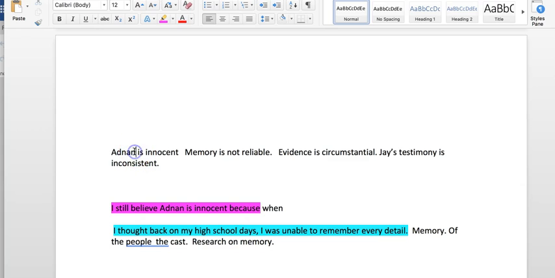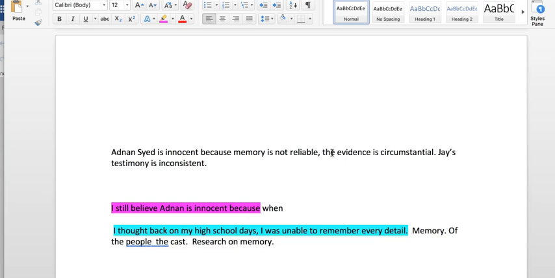Adnan, and we'll use his full name, because when you write it out, you want to use his full name, right? Unless you use his name earlier in your paragraph, you're going to use his first and last name. So Adnan Syed is innocent because memory is not reliable.